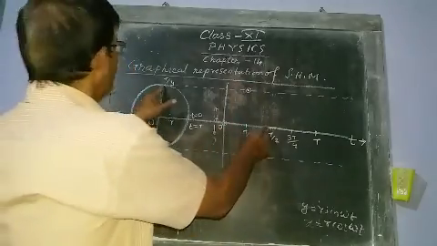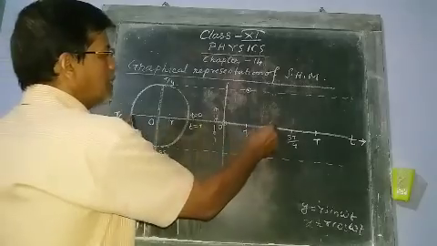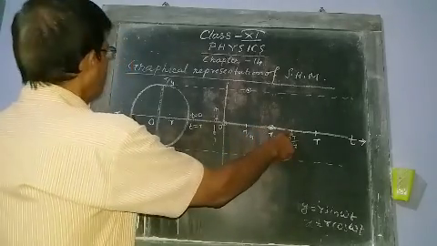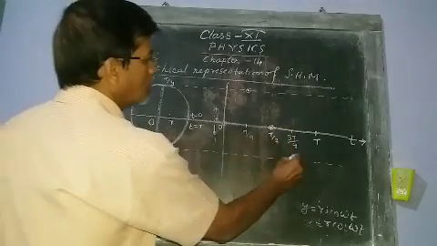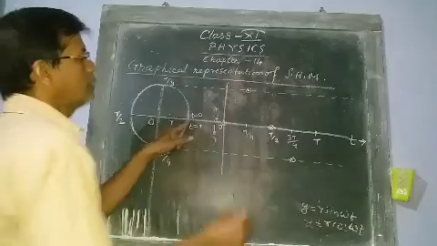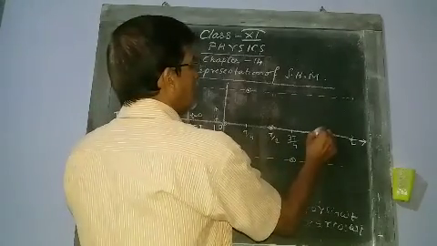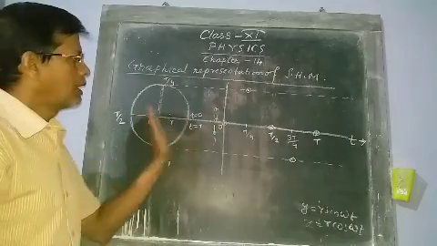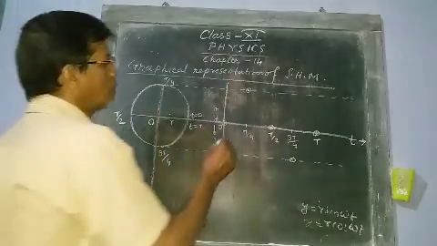When t equal to T by 2, the position is here on this line. When t equal to 3T by 4, the position is here. When t equal to T, the position is here. Compare this and now draw the graph.